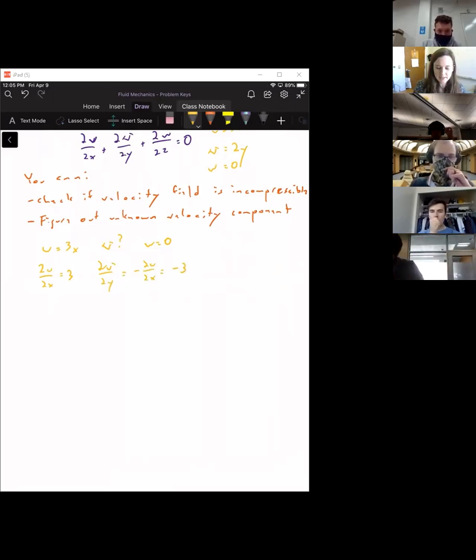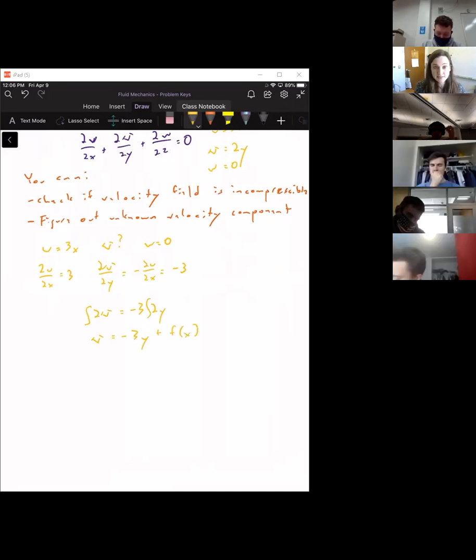And so then we would separate and integrate, and we would get v is equal to negative 3y plus a constant, which because this is two-dimensional would be some function of x. So negative 3y would work because the function of x would just be 0, but there could also be loads of other things that would work.